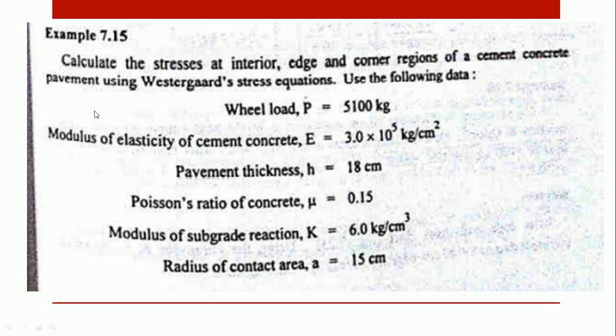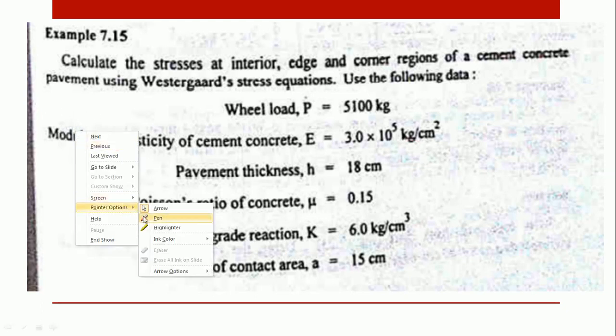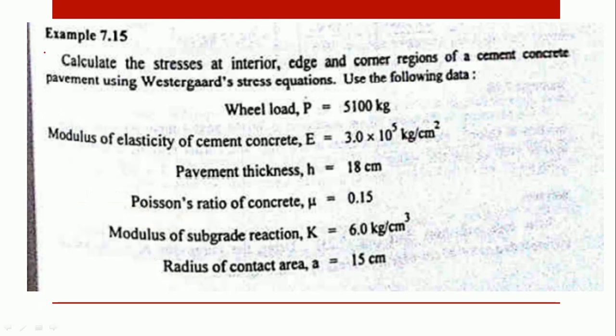Let us discuss this problem, what is given and how to solve it. Calculate the stresses at interior, edge and corner regions for a cement concrete pavement using Westergaard stress equations. We know that we can also find them using charts, but here they have mentioned using Westergaard stress equations with the following data.